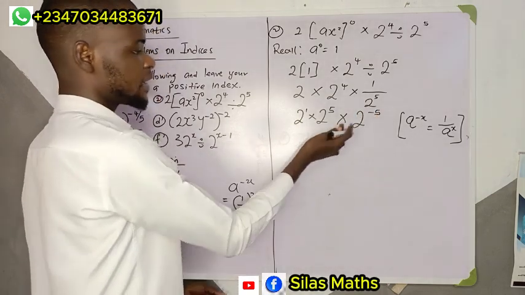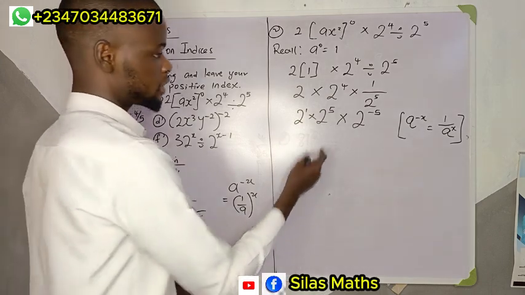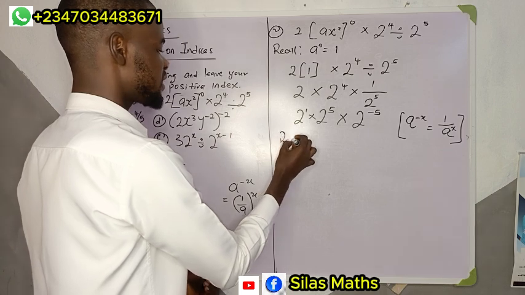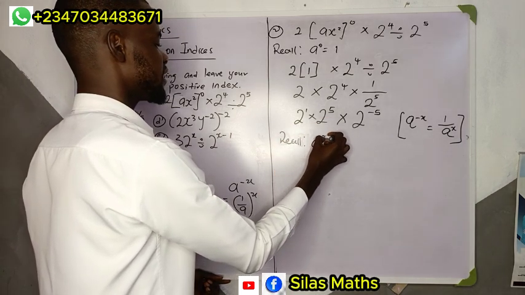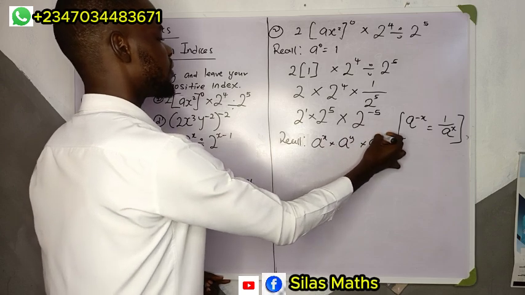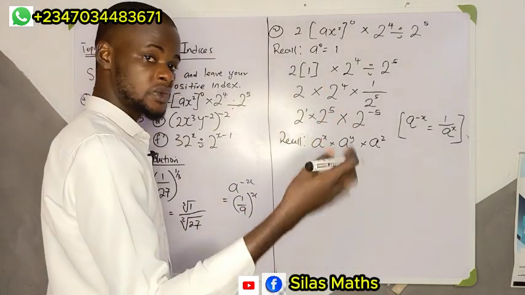Simplifying further, we apply the multiplication law. Recall that whenever we have a to the power of x times a to the power of y times a to the power of z, whether it's more than 1, 2, 3 or 4 terms.